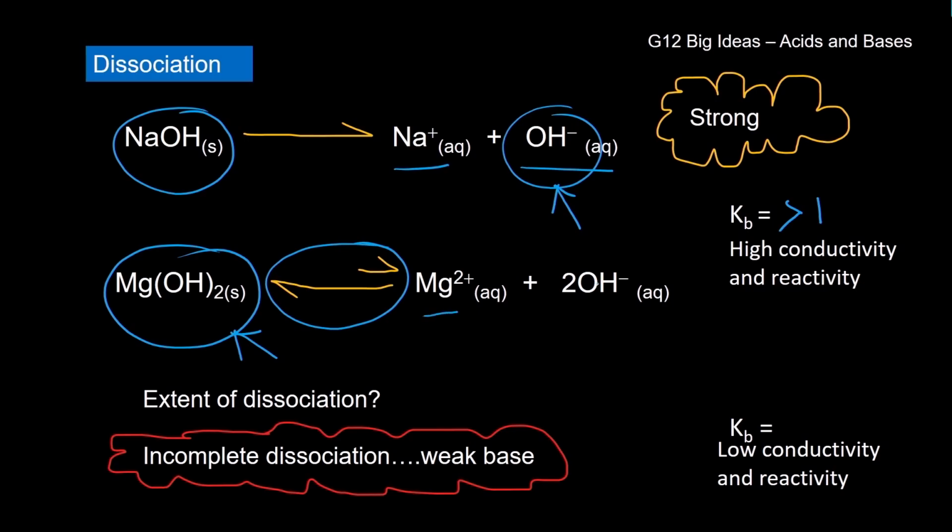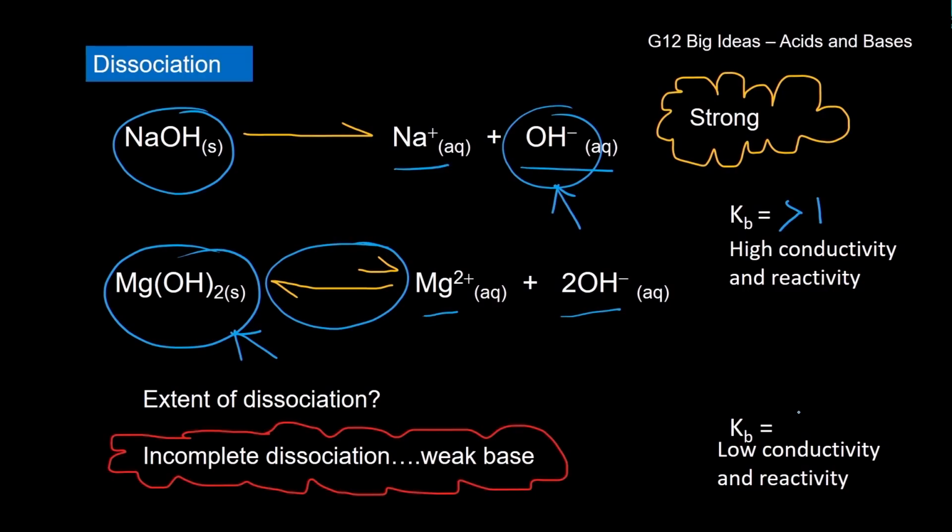Magnesium 2 plus and the 2 OH minus ions are low in concentration. The extent of dissociation is poor. It does not dissociate completely, whereas the sodium hydroxide does. So sodium hydroxide is strong. Magnesium hydroxide is a weak base because its extent of dissociation is poor.